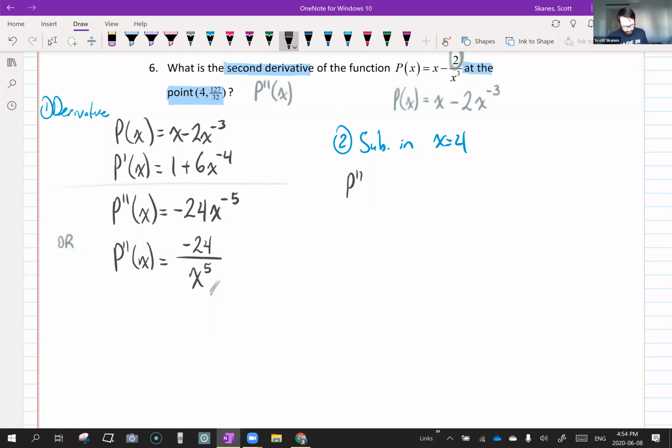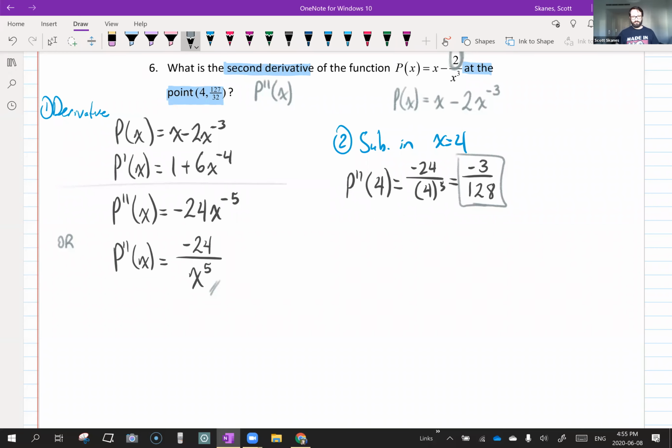So the second derivative, also known as the concavity of the function, when x is 4, equals negative 24 over 4 to the power of 5. 4 to the power of 5 is 1024, and all this simplifies down to 3 over 128. Sorry, it's not the slope, it's the second derivative, which is a little bit different. We'll get to that next unit.